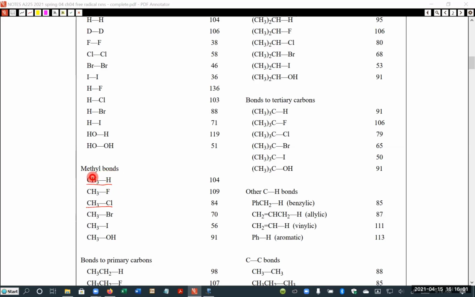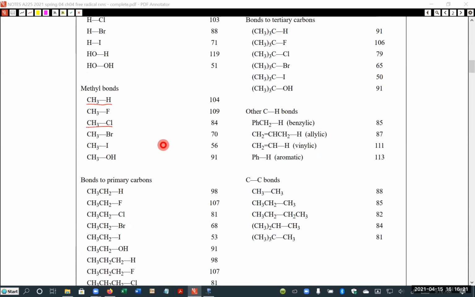And so on the table, to indicate that we're breaking that carbon to hydrogen bond, they've put CH3 on one side, a large dash, that's the bond that's being broken, and then a hydrogen on the other side. The significance of that is important when we look at ethane.